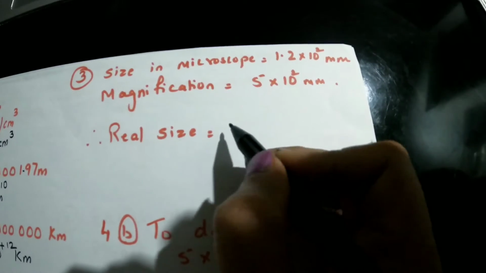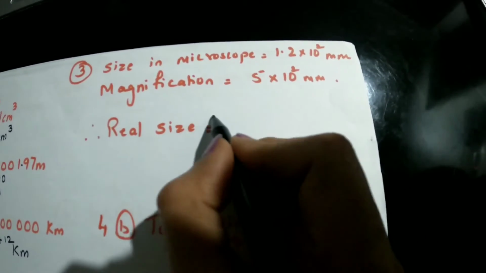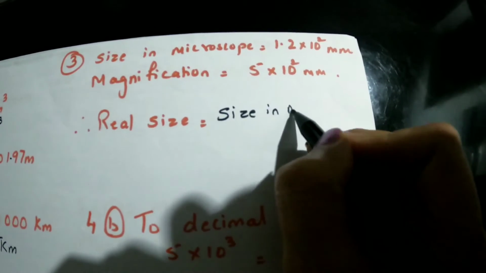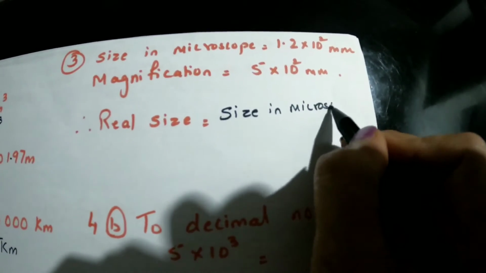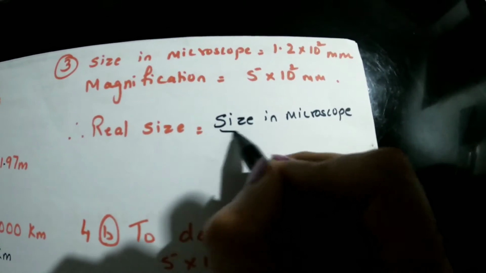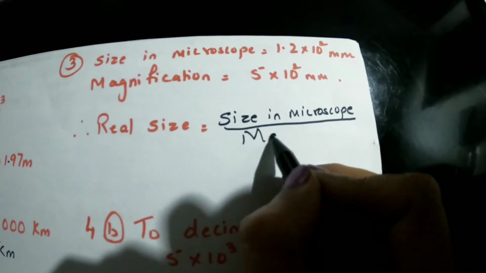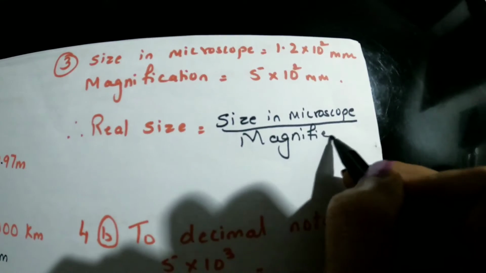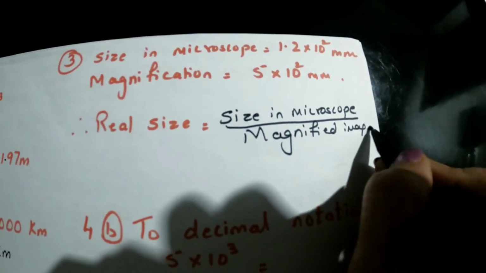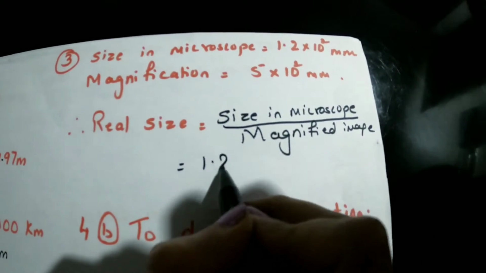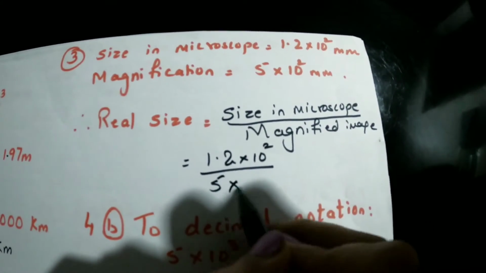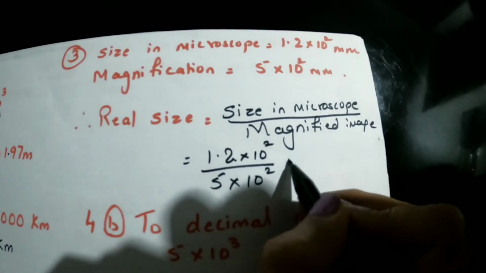So to find the real size, you will divide the size in microscope by the magnification. So it will be 1.2 into 10 raised to 2 over 5 into 10 raised to 2 millimeters.